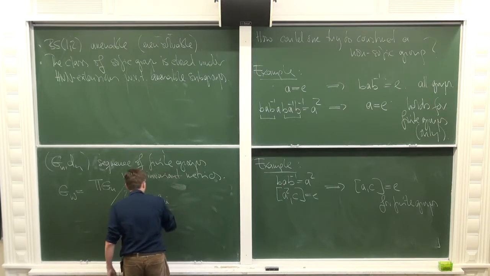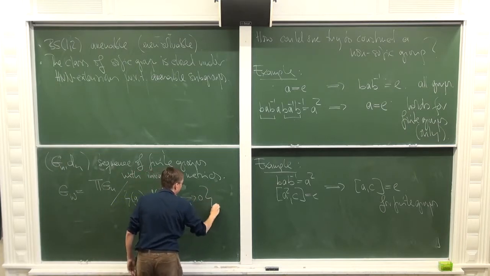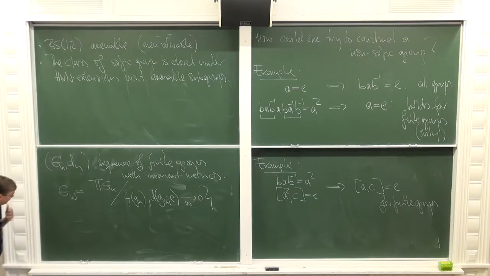Let me write it like this: the distance to the neutral element tends to 0 as omega tends to infinity.